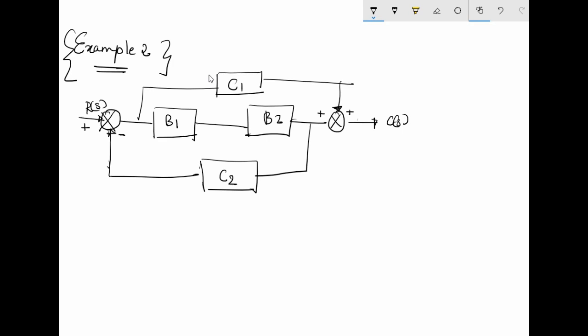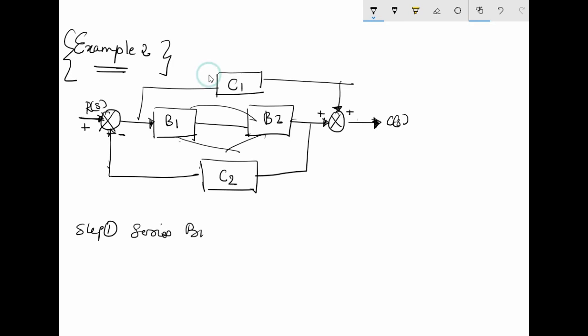Now some things are very clear here. I will not go into detail step by step, but I will just write down what I am doing in each step. In step 1, these two are in series.